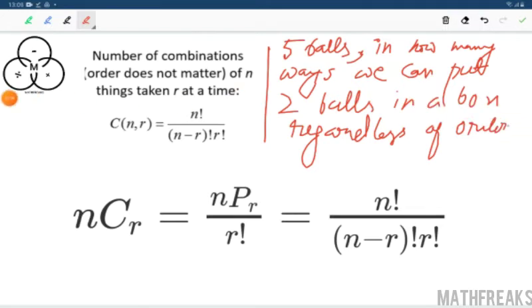In that case, we will use this formula, 5 choose 2.